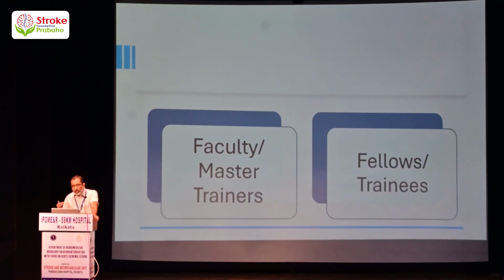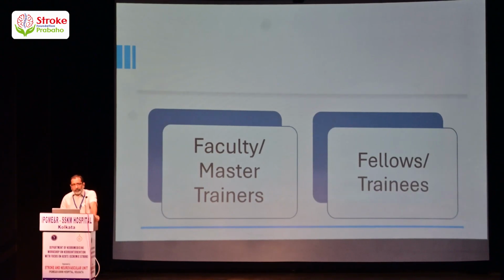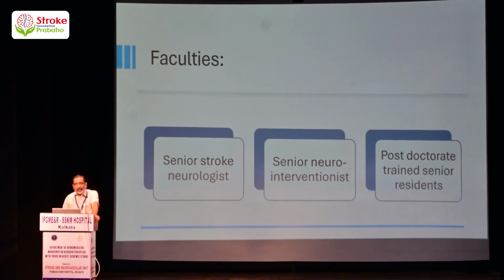Now, to do this, another important challenge is development of manpower. We have to develop manpower in terms of empowerment of the faculties, fellows and trainees. The faculties in this stroke service include stroke neurologists, senior neurointerventionists, and postdoctoral trained senior residents.